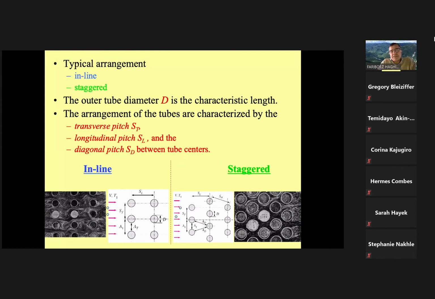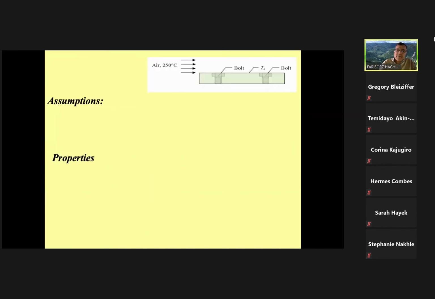Sir, could you remind me what's edge effect again? Edge effect. When we make assumptions, we neglect the edge effect. Look at here in this case. For example, the plate starts from here, right?